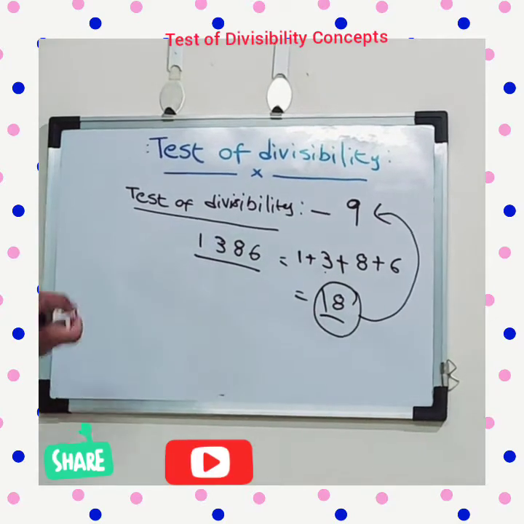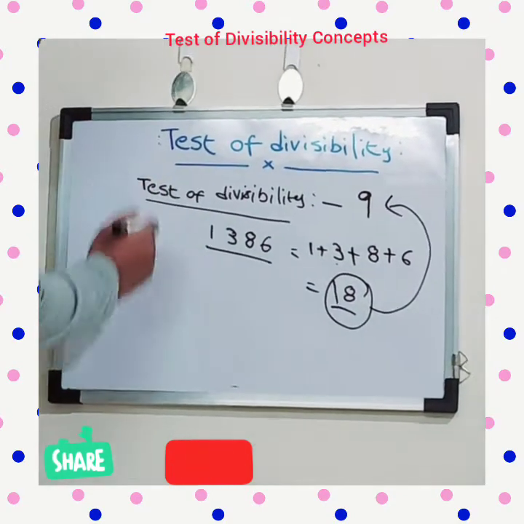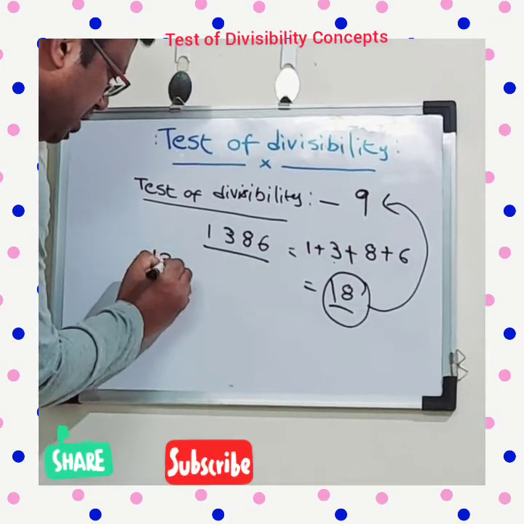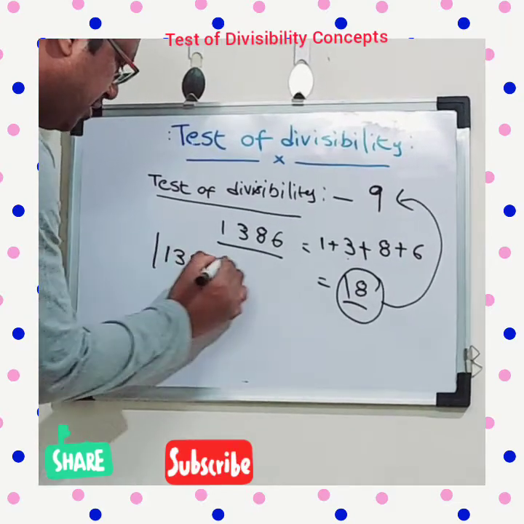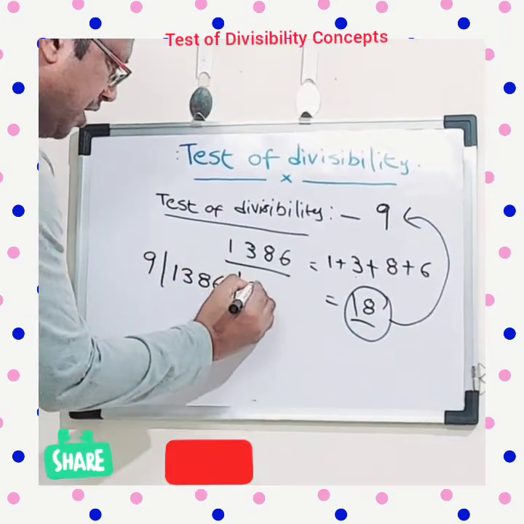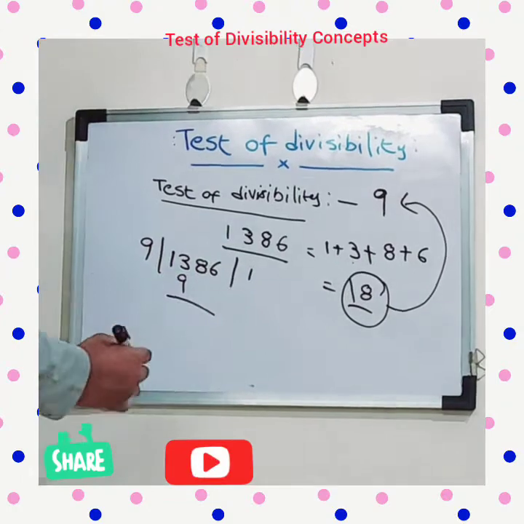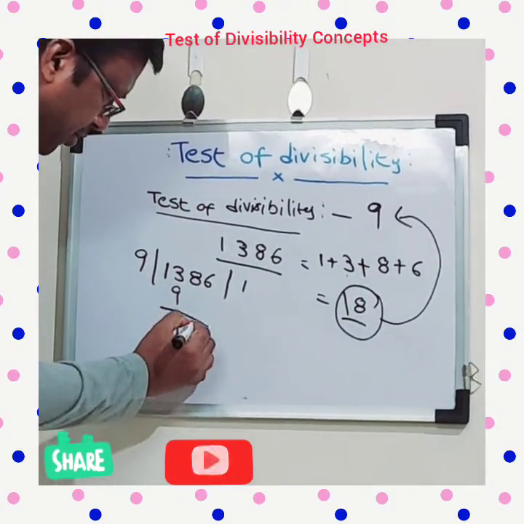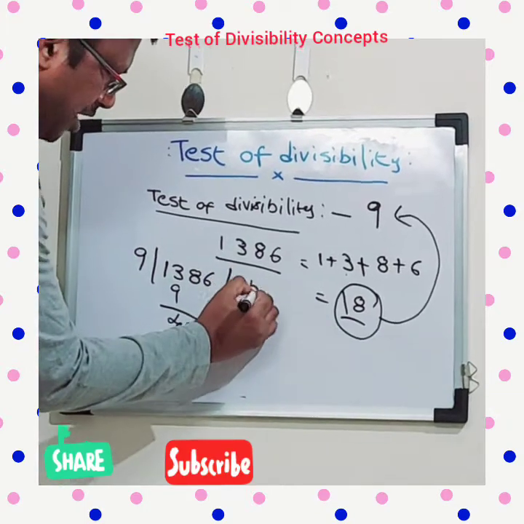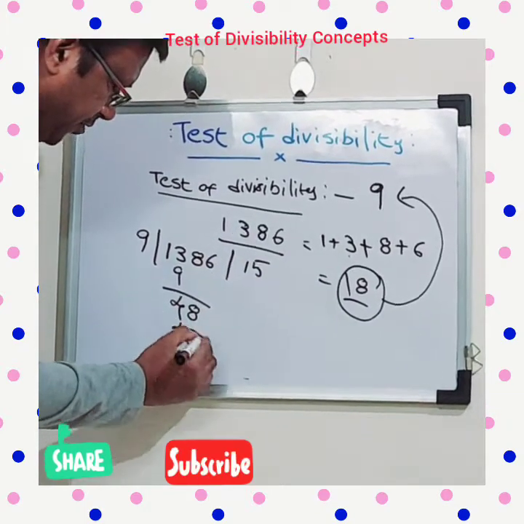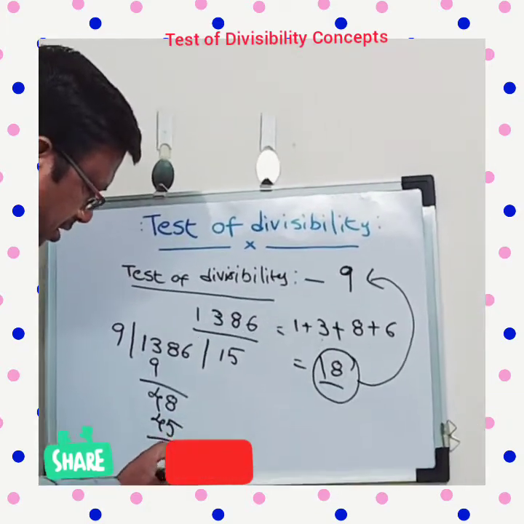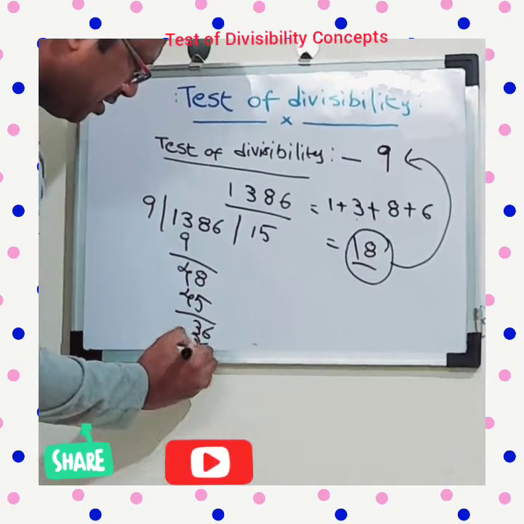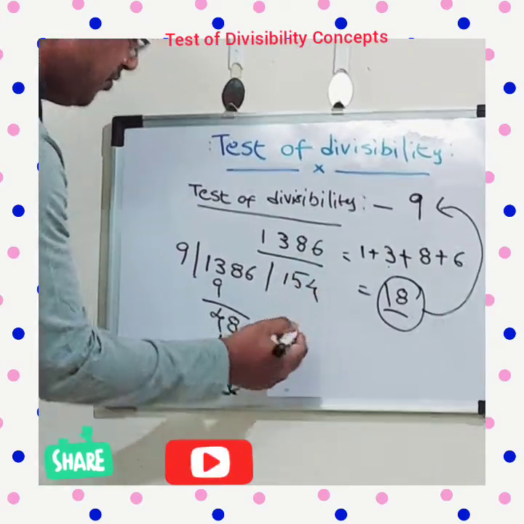We'll verify whether this number is really divisible by 9 or not. Divide 1386 by 9. When you subtract 13 minus 9, the remainder is 4. 9 fives are 45, and then 36. 9 fours are 36.